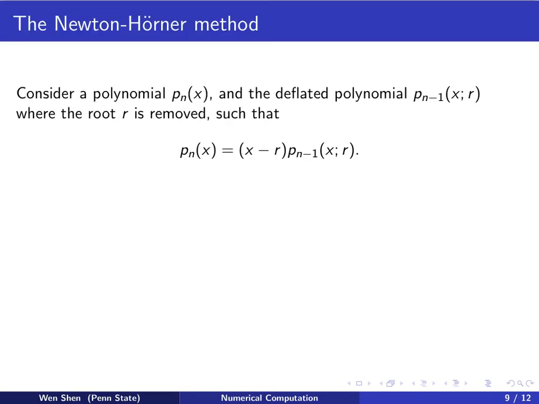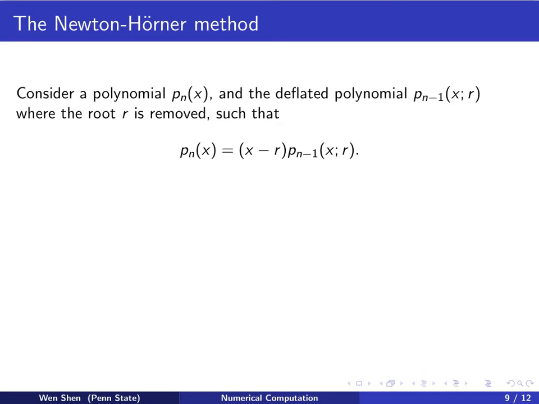Combining Newton's method with Horner's algorithm gives the most used algorithm for polynomial root finding. The great advantage here lies in the fact that one can easily incorporate Horner's algorithm into Newton's method, as we'll very soon see.